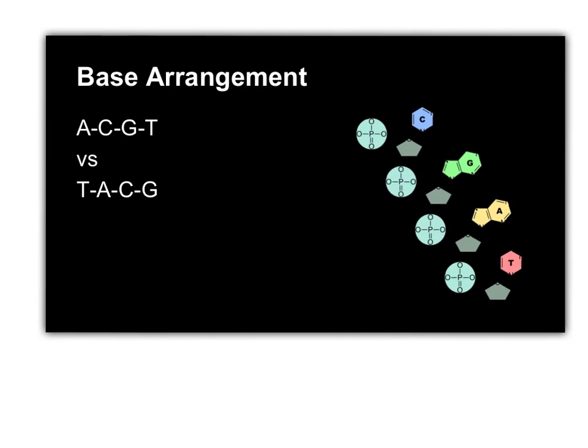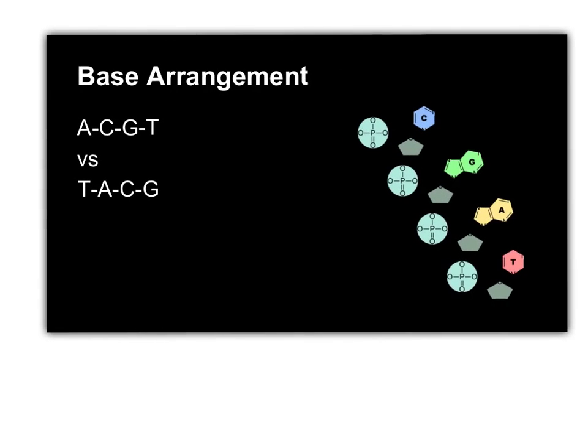Here what I want to discuss is if we have the base arrangement, for example, ACGT on our DNA strand. This ACGT is going to code for something completely different than TACG will.